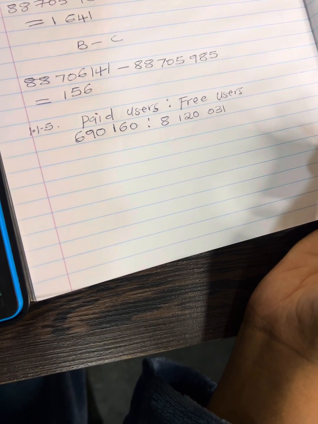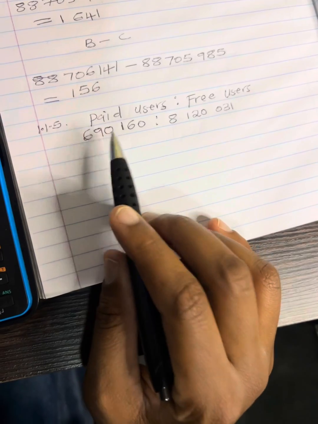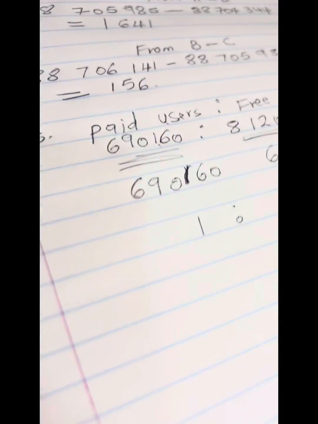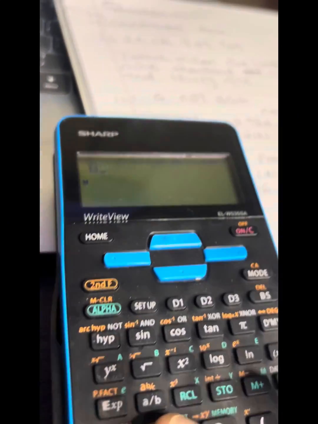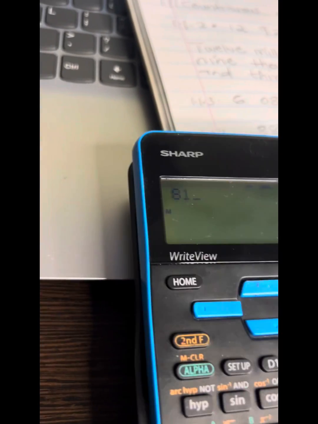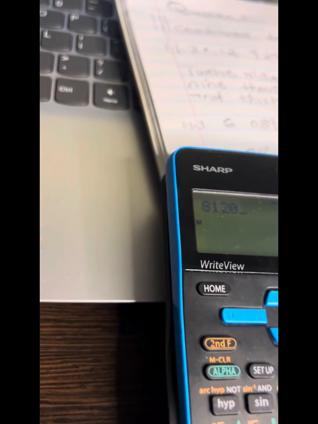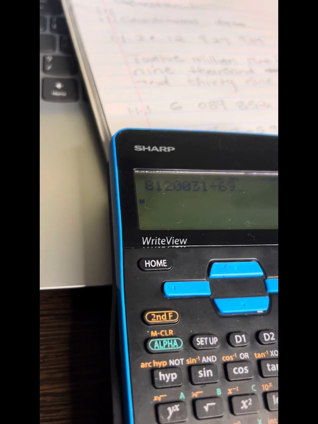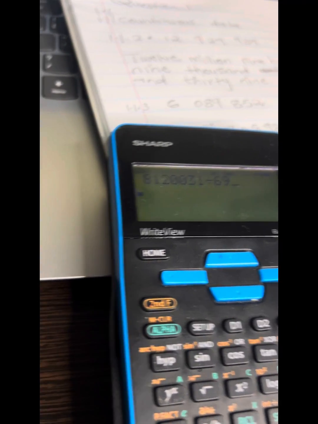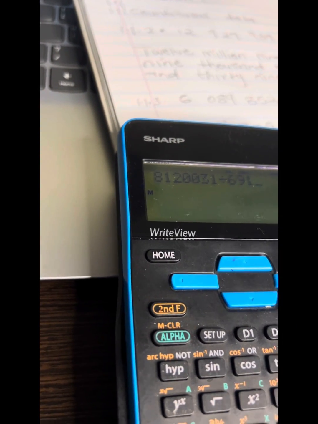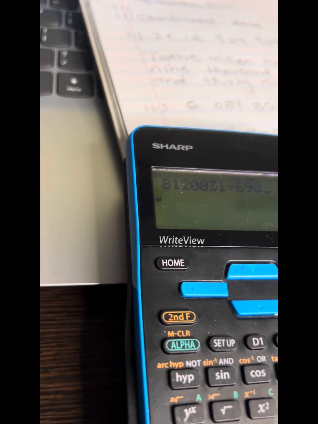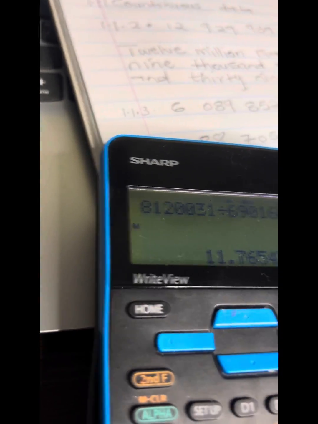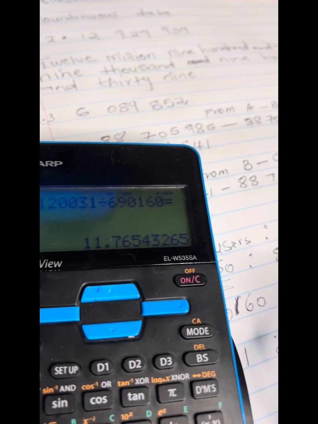If we look here now, we have substituted the names that we have written as a ratio first, and then now we are going to make sure that the first number, this one, is going to be 1. Then we go to our calculator, we say 8,120,031 divided by 690,160, and then the answer will be 11.765.